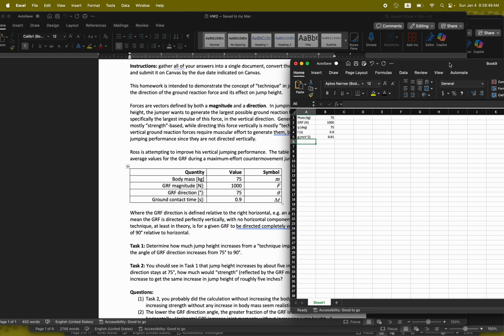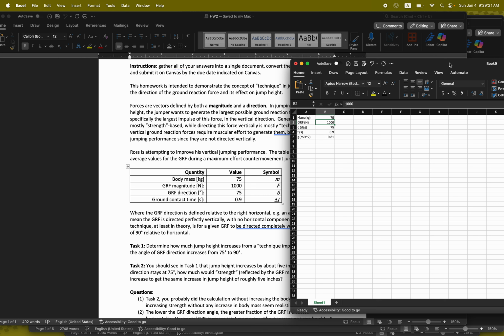First thing that I want to do here is this force, 1,000 newtons, is directed at this angle, 75 degrees, relative to the right horizontal. So if I'm jumping for maximum height, only some fraction of that 1,000 newtons is pointed in the vertical direction and is causing me to jump vertically. The rest is directed horizontally and is not changing my momentum in the vertical direction.